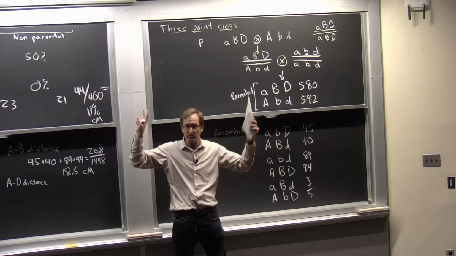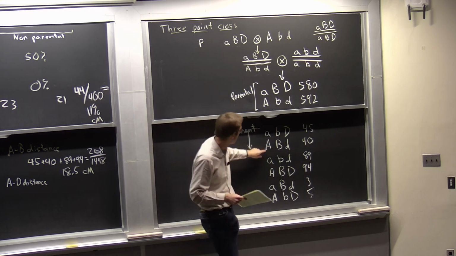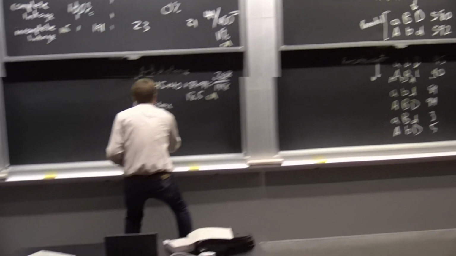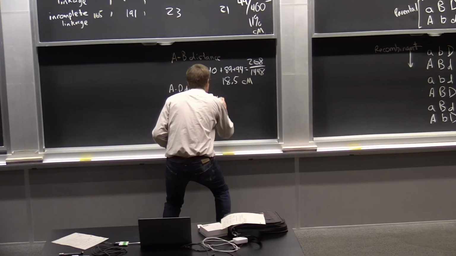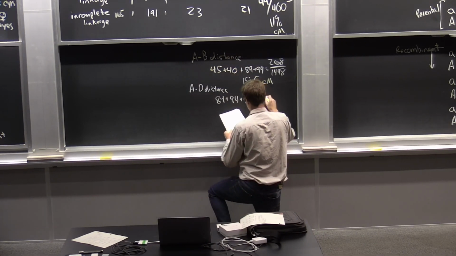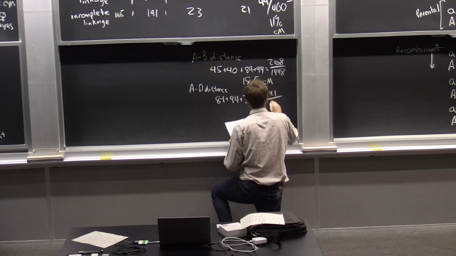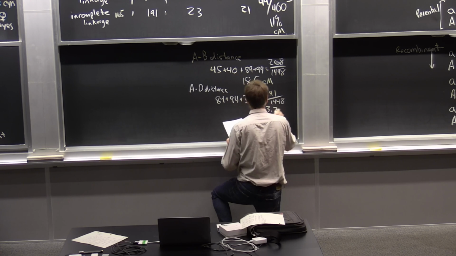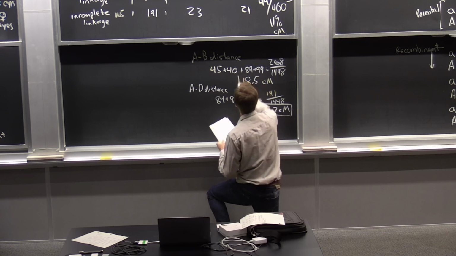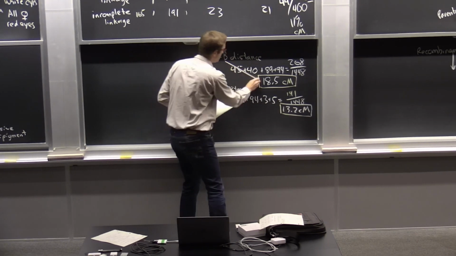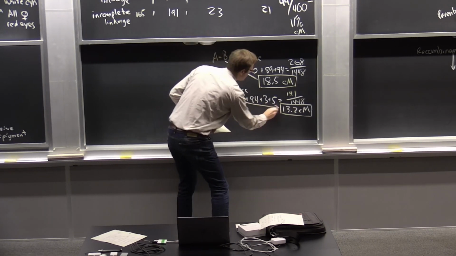This is parental with respect to just the A and D genes, but all the rest of these are recombinants. So this is 89 plus 94 plus 3 plus 5, which comes out to be 191 over 1,448. And this is 13.2 centimorgans. So that's the distance between A and D. Distance between A and B, distance between A and D.